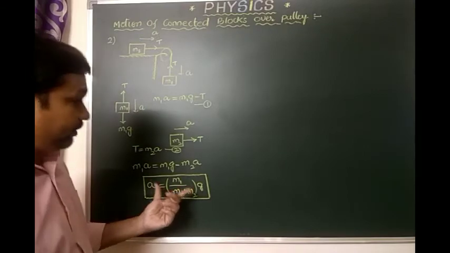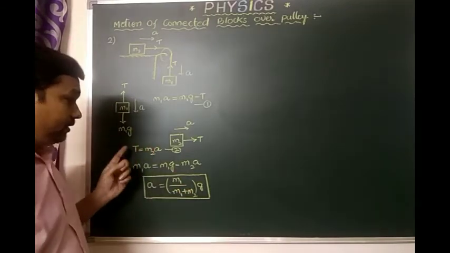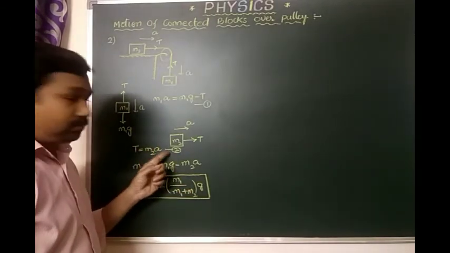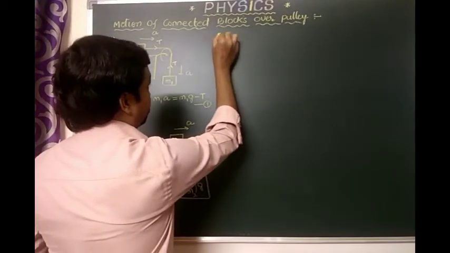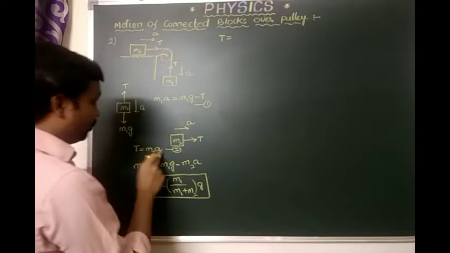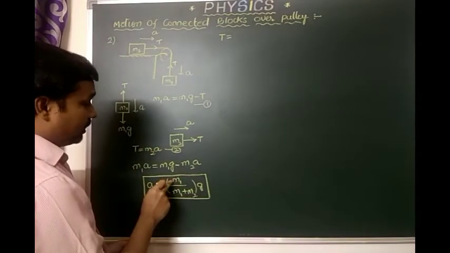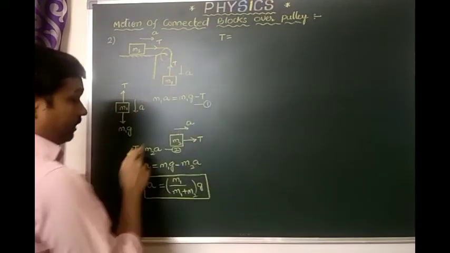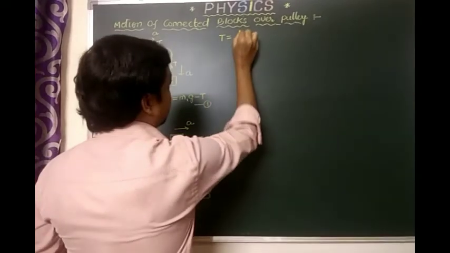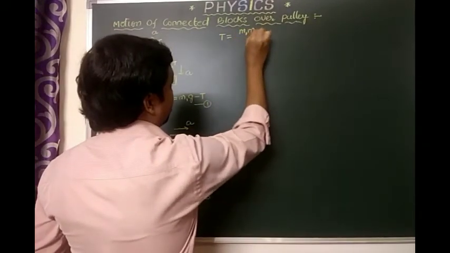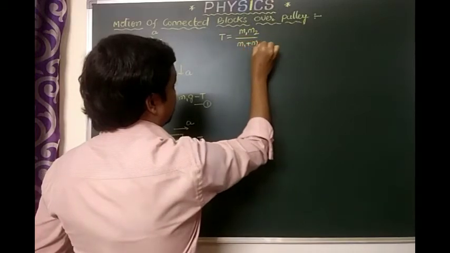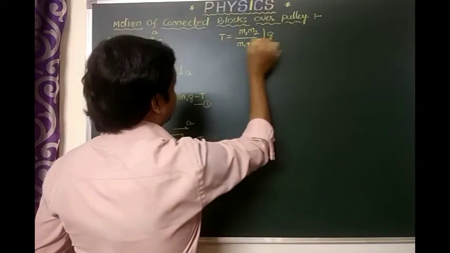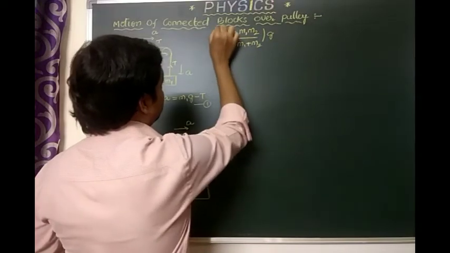After getting acceleration, you can find the tension in the string by substituting in the second formula. T is equal to M2 a, so we get T is equal to M1 M2 divided by M1 plus M2 into g. This is the formula for tension.